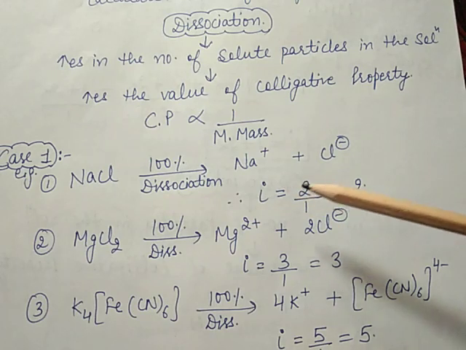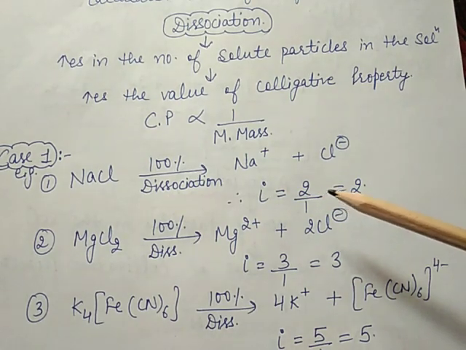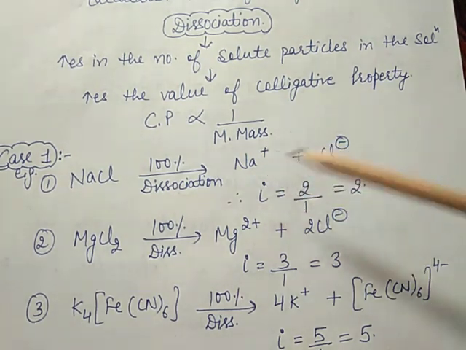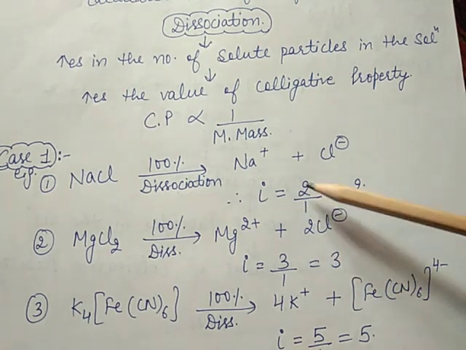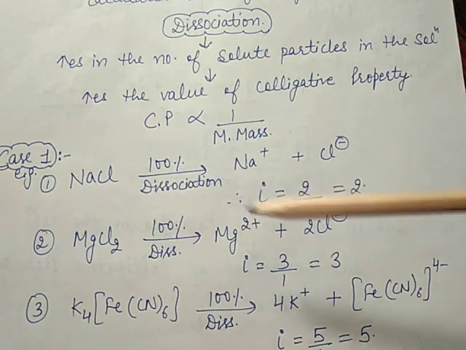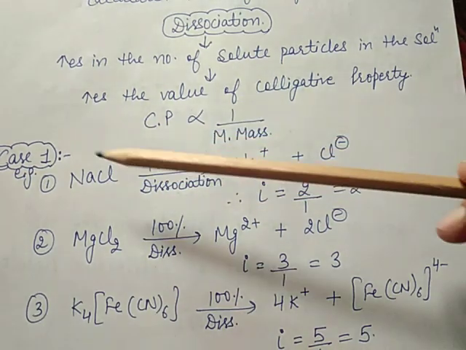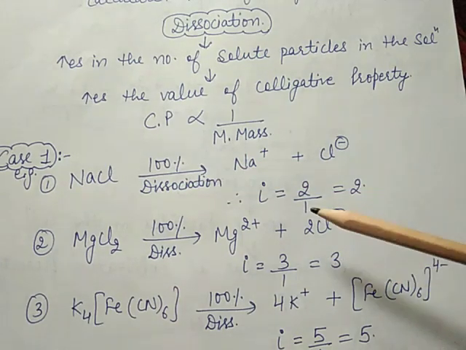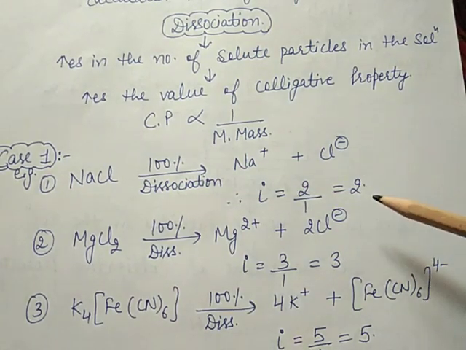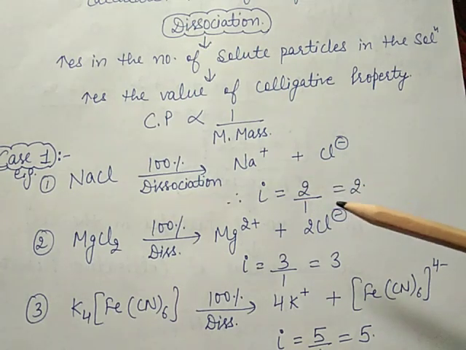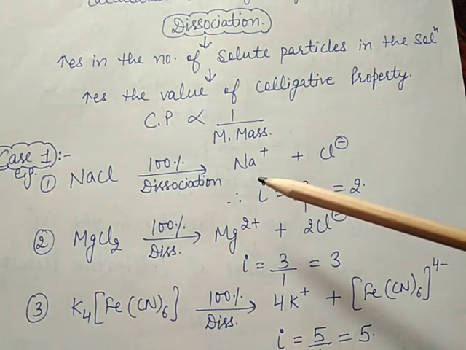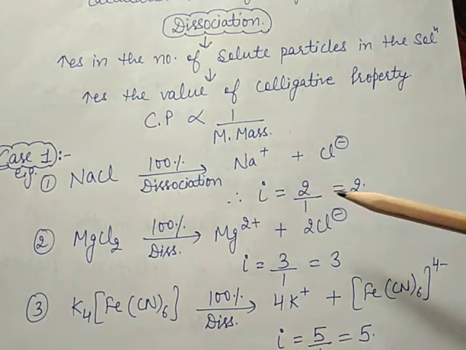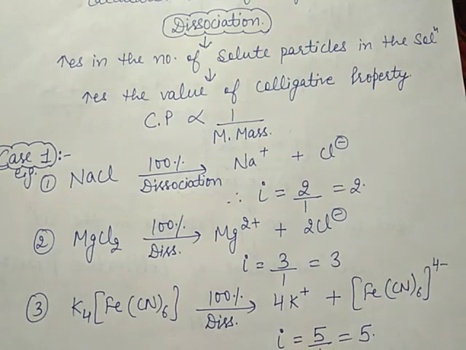Iota is equal to total number of particles after dissociation, it means 2, Na positive and Cl negative, divided by total number of particles before dissociation, which is only 1. Divide by 1, answer is 2. It means NaCl dissociates into 2 ions. So iota value is equal to 2.